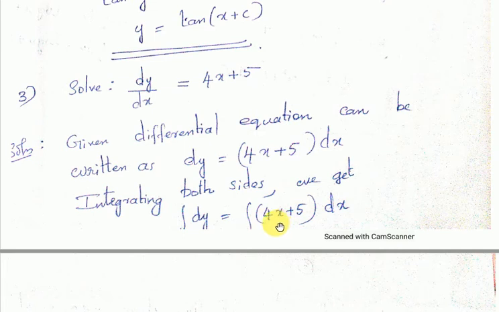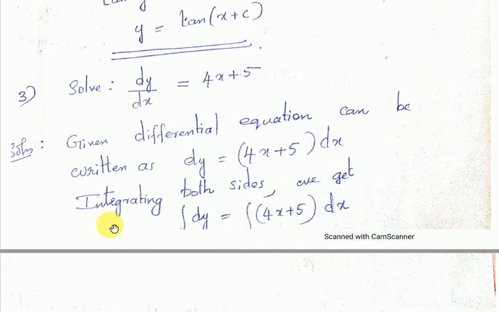Next question. Solve dy by dx equal to 4x plus 5. The given differential equation can be written as dy equal to 4x plus 5 into dx, bringing this dx to the right side. Next we integrate on both sides.